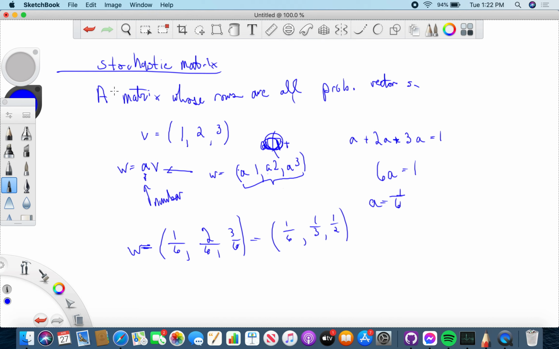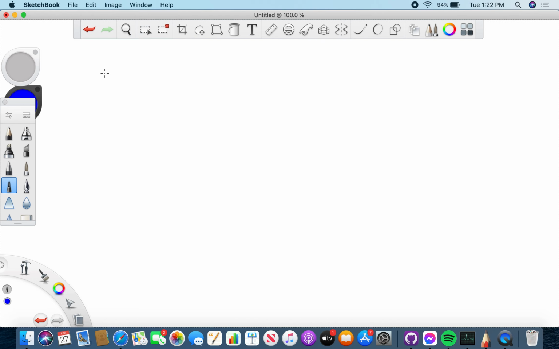Let's do a quick example of a stochastic matrix. A stochastic matrix example would be matrix A with 1/2, 1/2, 3/4, and 1/4. Why? Because 1/2, 1/2 is a probability vector, and 3/4, 1/4 is another probability vector.